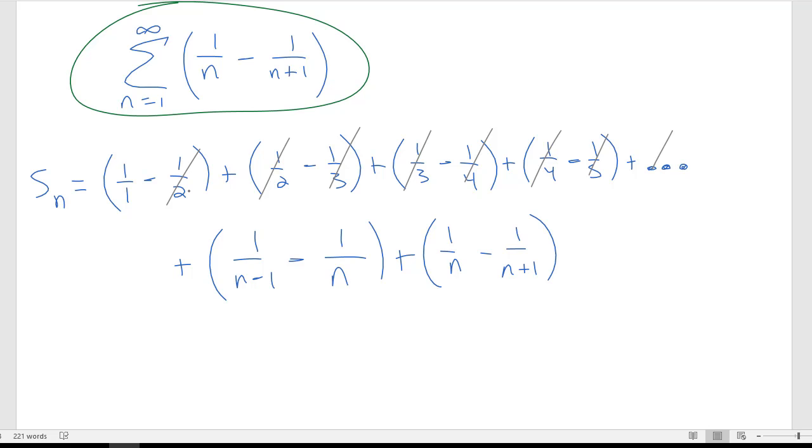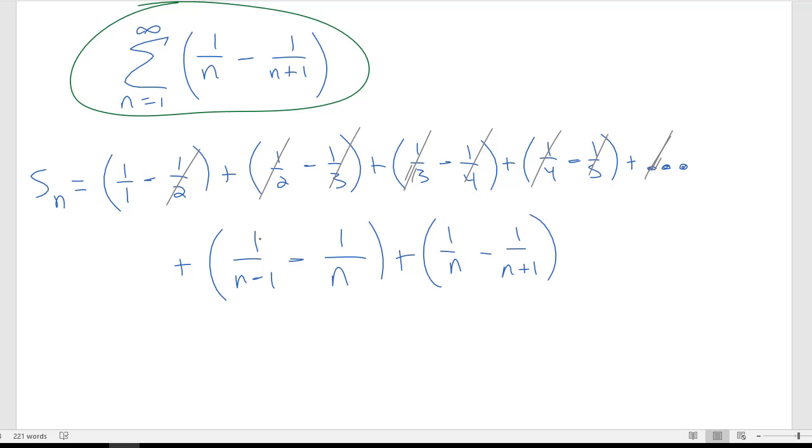The cancellation pattern I see here is I have the last term and then the first of the next term, and then the last number in that term and the first of the next term. So the last number in this term canceled with the first in the next term.